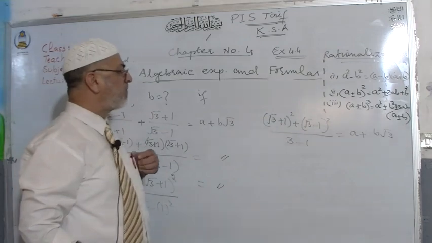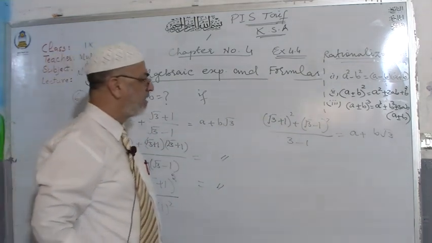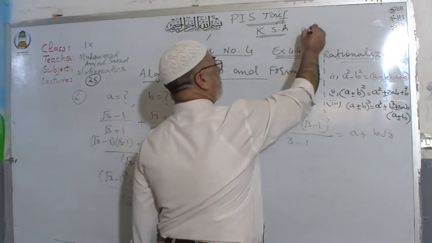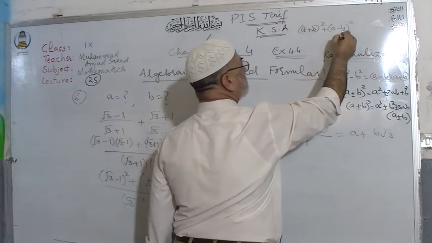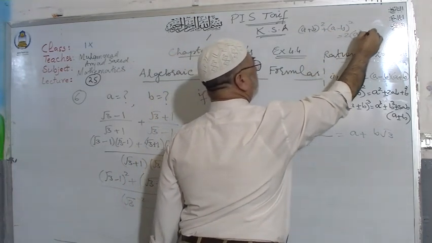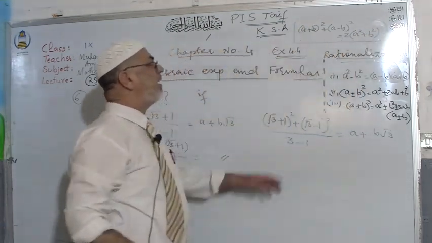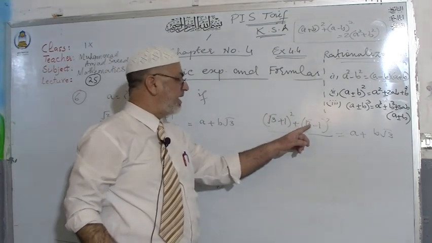You have seen this formula in exercise 4.2, question number 1, first part even. What was the formula? A plus b whole square plus a minus b whole square is equal to 2 into a square plus b square. That was your formula, and you can check. This is a, this is b, and this is a and b.